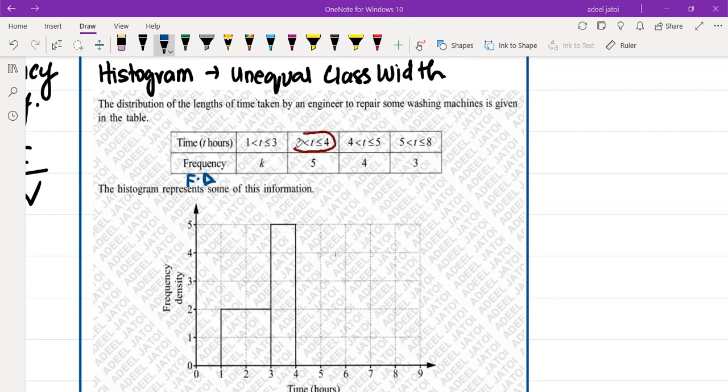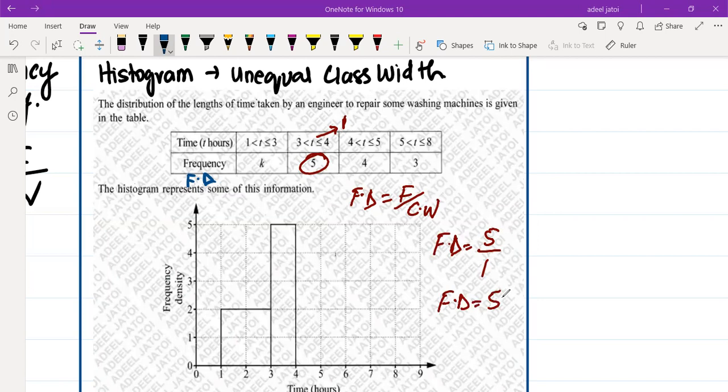For 3 to 4, what is the class width? The class width is 1, and the frequency is 5. The formula says frequency density is frequency upon class width. Your frequency is 5, whereas your class width is 1. So for frequency density, we'll do 5 upon 1, and the frequency density will be 5.